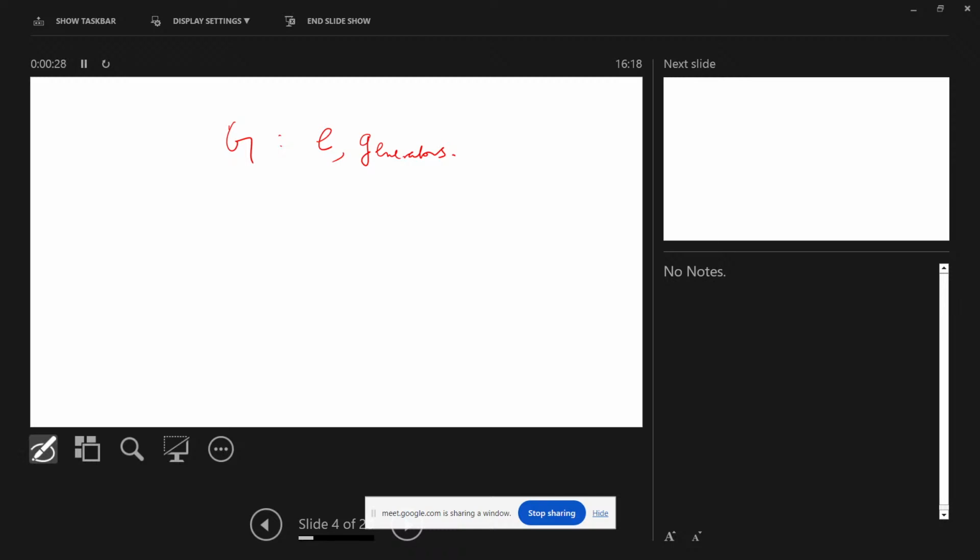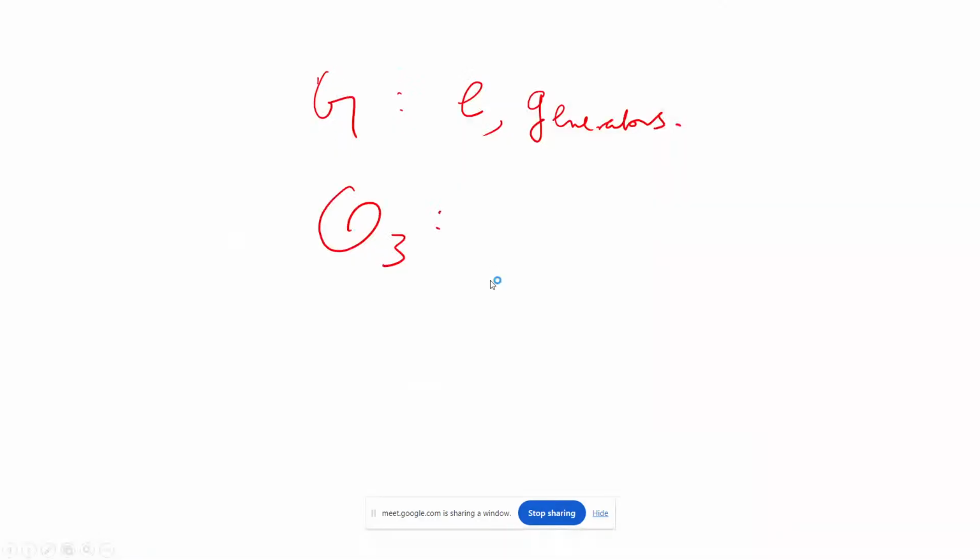And for this permutation group or symmetric group of degree 3, you can have the following. So degree 3, you know that this has how many elements? 3 factorial elements, which is 6 elements, right?